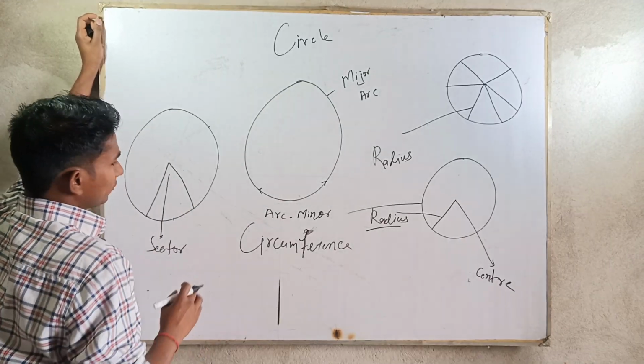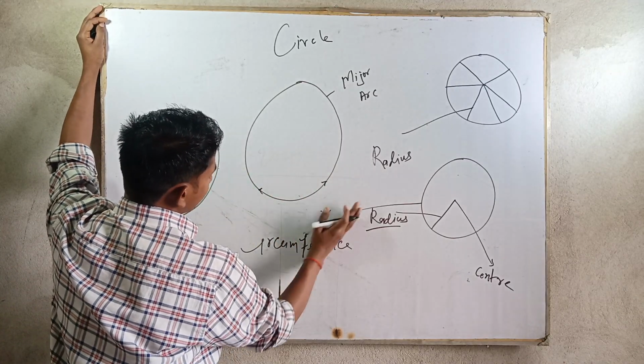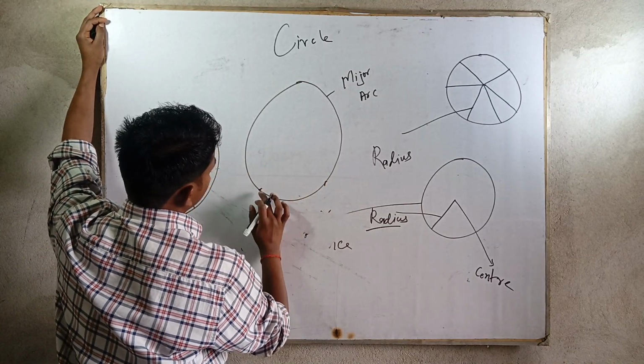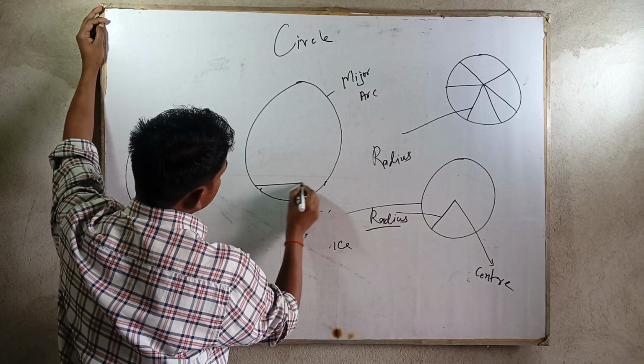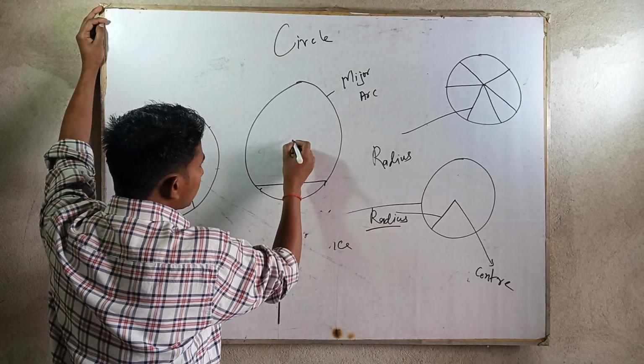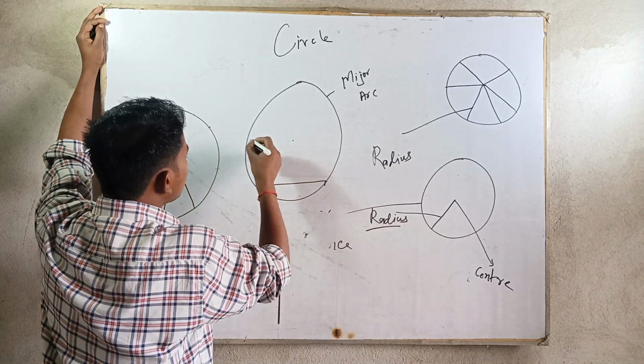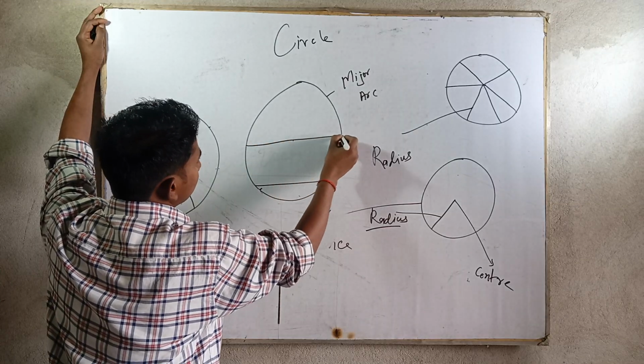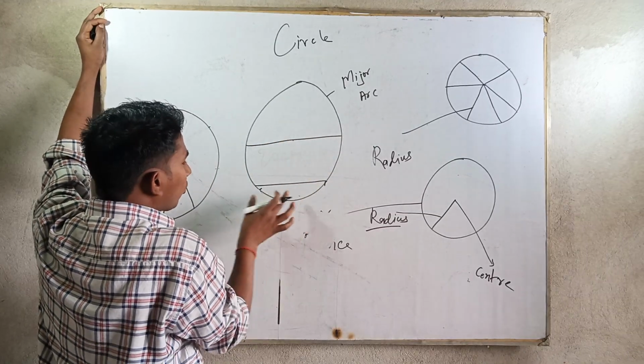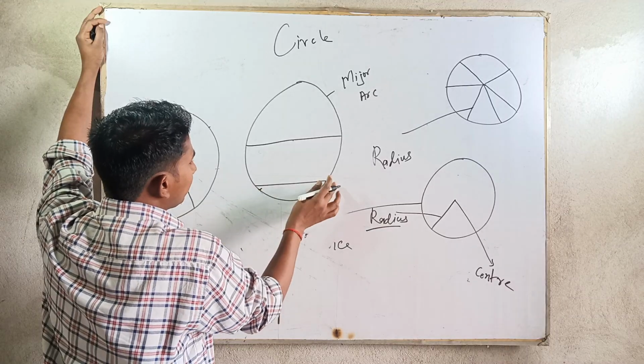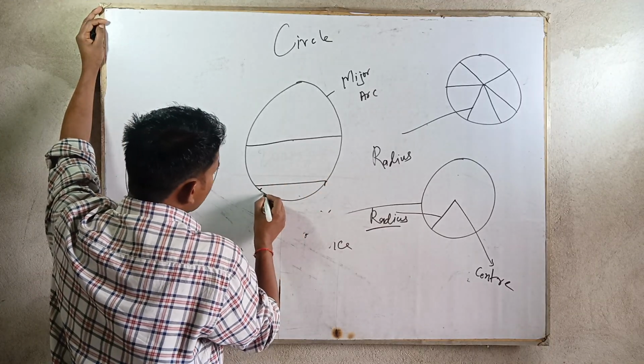So understood. Next is about this part which is not touching the center, and crossing and touching both sides of the circumference.